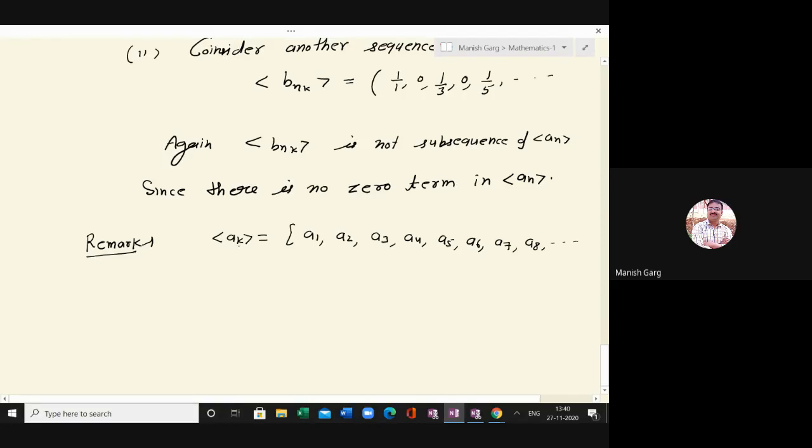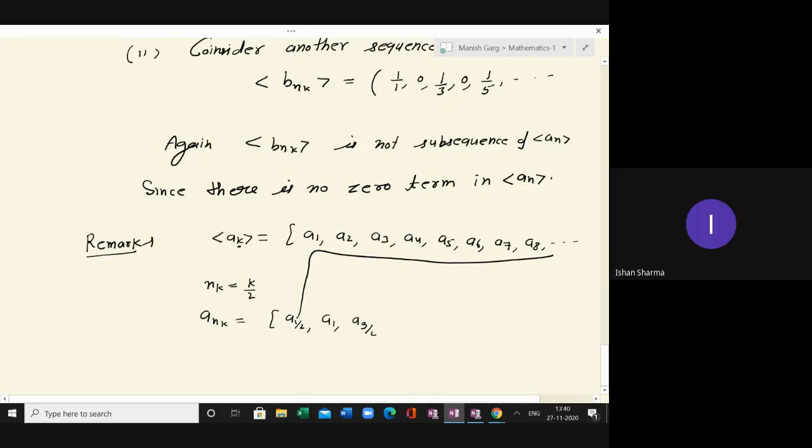Actually, k is clearly telling the position of the element. If you take any sequence and k, you are saying sir, k/2. So what will be the terms of the sequence a_{n_k}? A_{1/2}, A1, A_{3/2}. Is there any such element at a position here? Okay, sir. Okay. Now any other doubt?